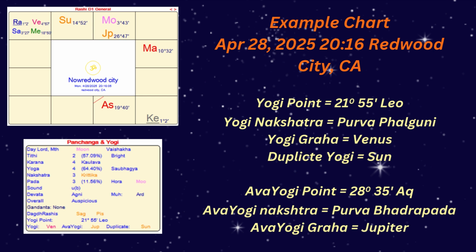Just add the Panchanga and Yogi widget, and at the bottom of the widget, you'll find a section showing the Yogi, Avayogi, and duplicate Yogi, as well as the Yogi point. For this specific chart, the Yogi Graha is Venus, the Avayogi Graha is Jupiter, and the duplicate Yogi Graha is the Sun. We'll now break down these values and show how they are derived using the method we just discussed.